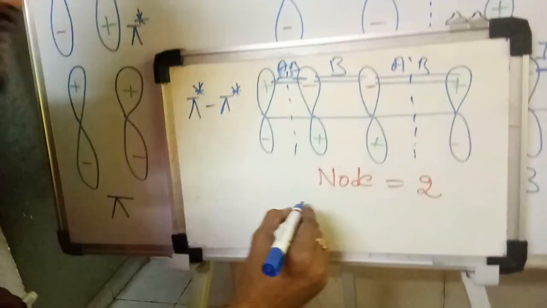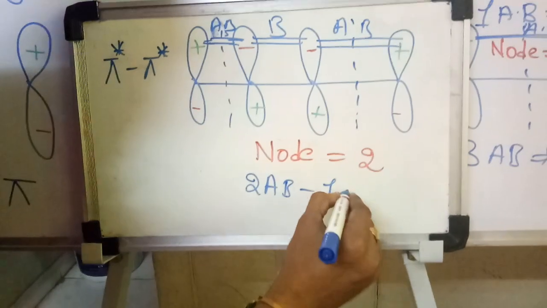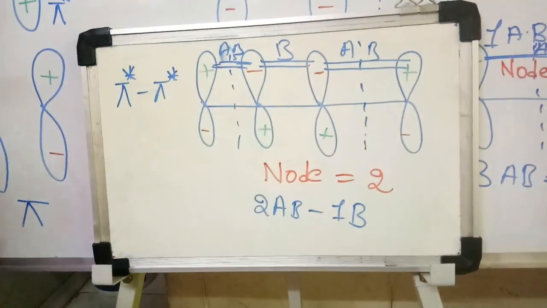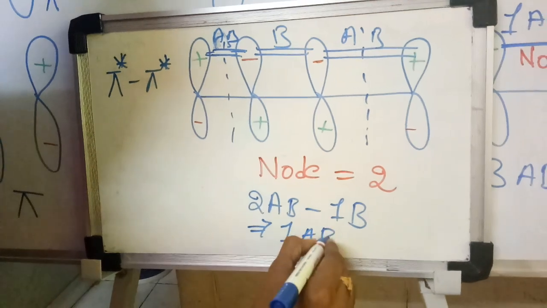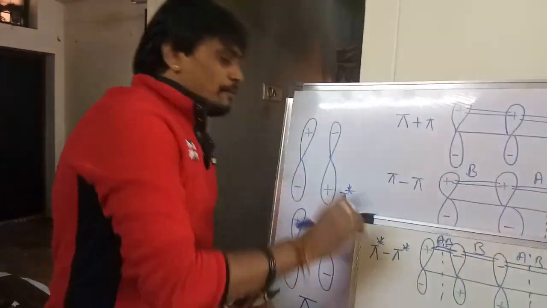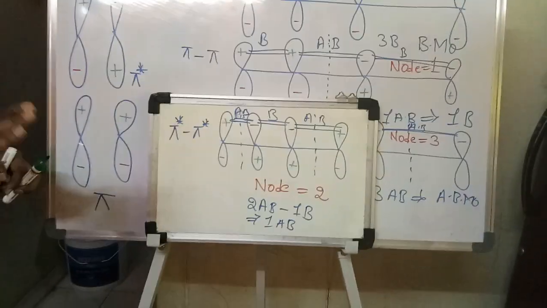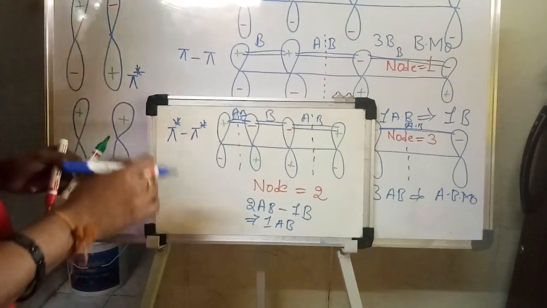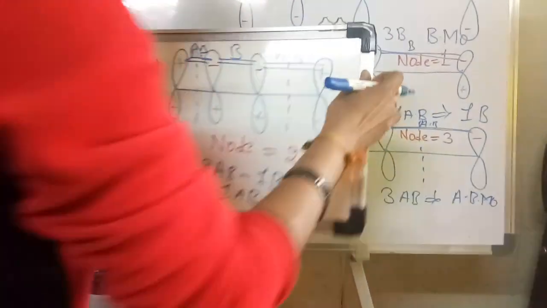So it is the combination of 2 anti-bondings minus 1 bonding, which results in the formation of 1 anti-bonding. Right? So hence we can say that pi star, negative pi star is also an anti-bonding molecular orbital. Right? Just I will remove this.